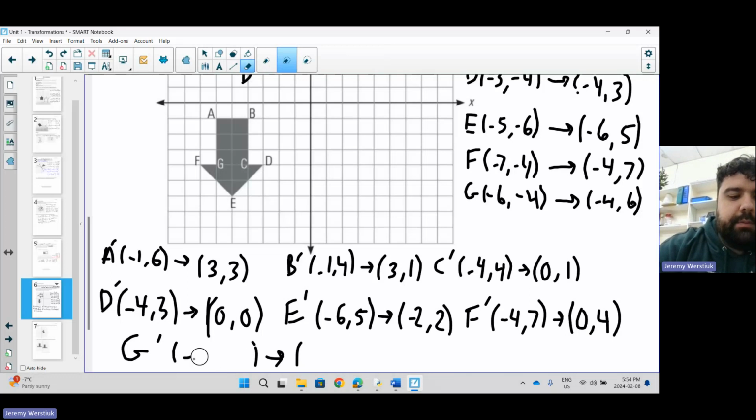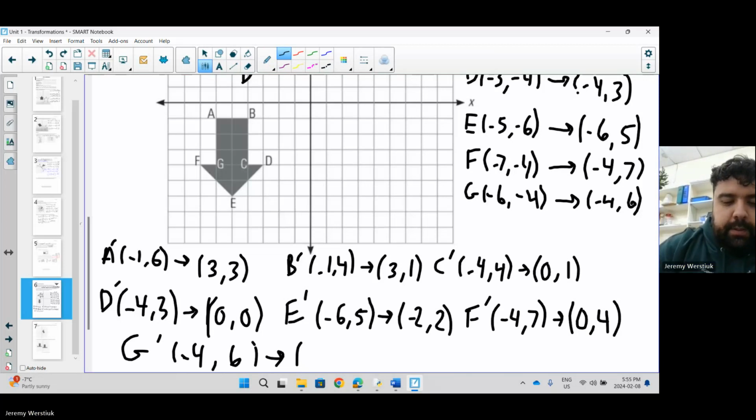I was looking at G. G prime was minus 4 comma 6. So that's going to become 0 comma 3. So now I've got those coordinates and I can plot those points.